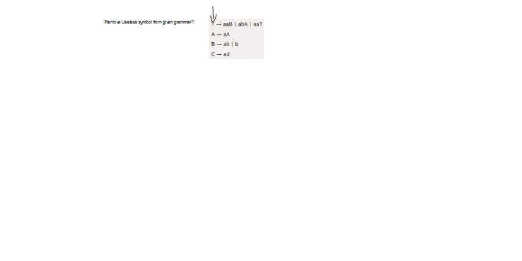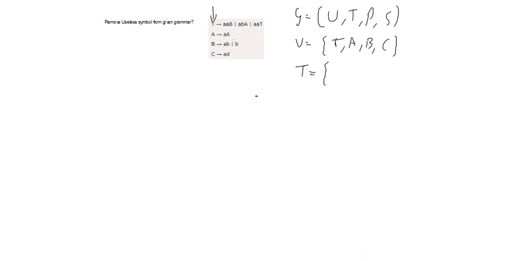So I can represent this grammar formally as G equals (V, T, P, S). What is V? The set of non-terminals, here the set T, A, B, C. Then T represents the set of terminal symbols.